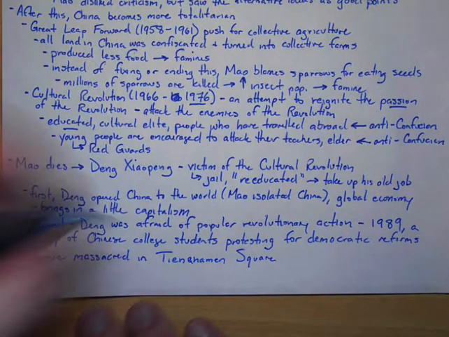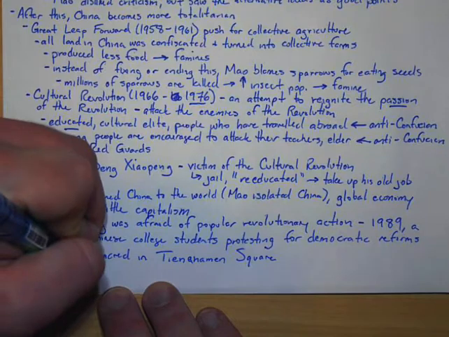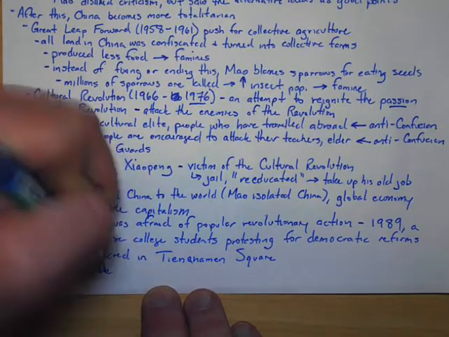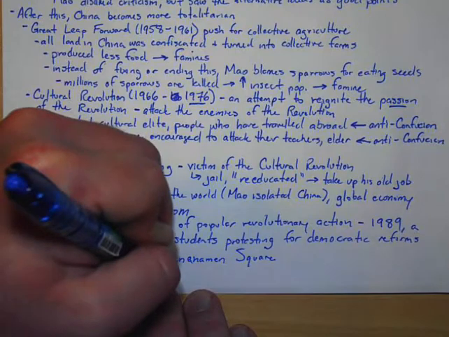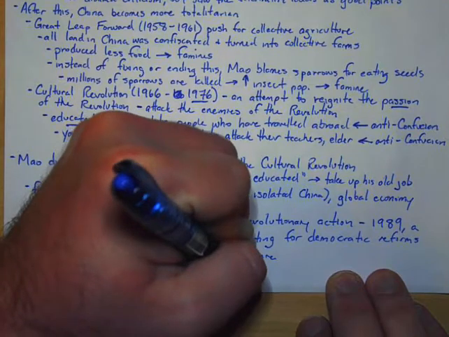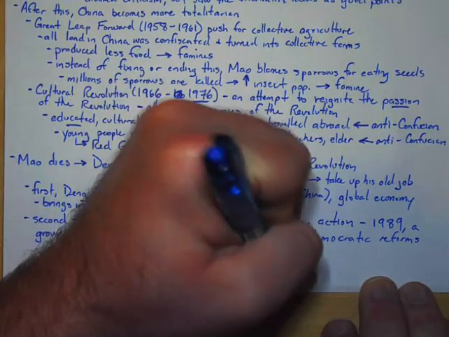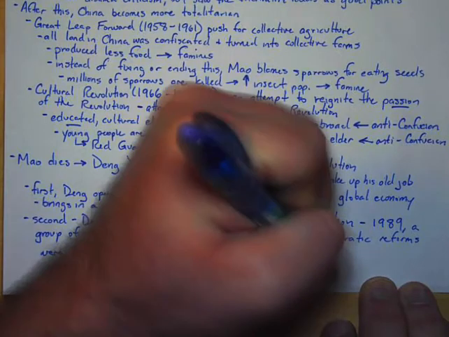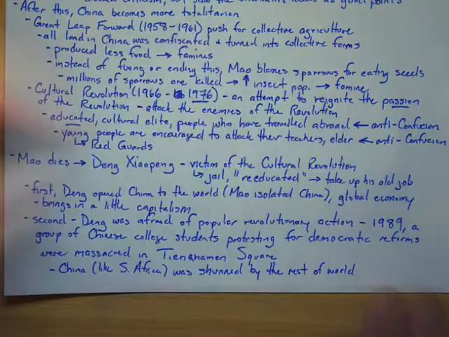And as a result of this, China, like South Africa, was shunned by the rest of the world. And it took a lot of apologizing and a lot of economic reforms to get countries to come back to China to set up factories and build products.